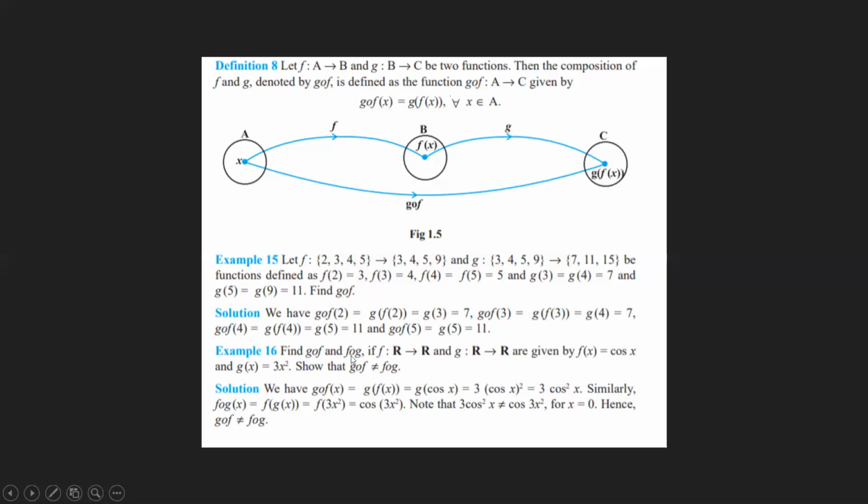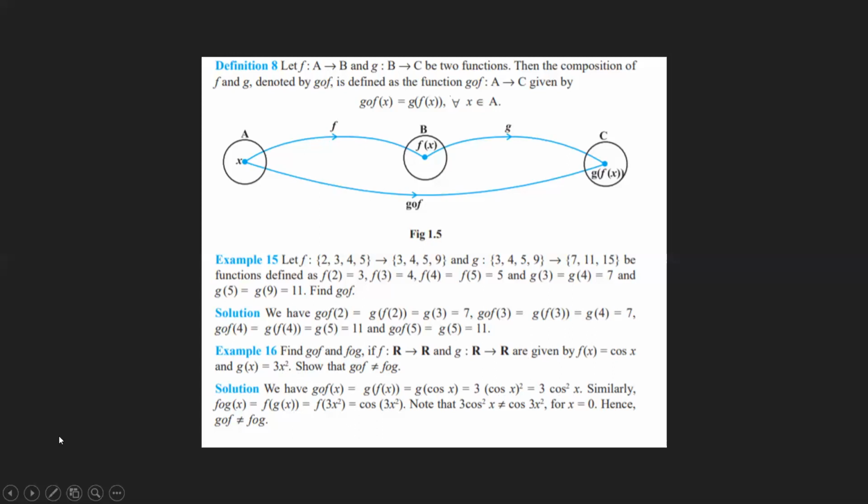Find GOF and FOG. F is from R to R, real numbers. G is also from R to R, given by fx is cos x and gx is 3x square. Show that GOF is not equal to FOG. Let's find G of fx. Fx is given as cos x, right? Now we'll be finding G of cos x, which will give us 3 (cos x) whole square, that is 3 cos square x.